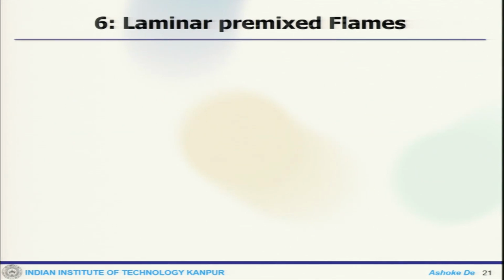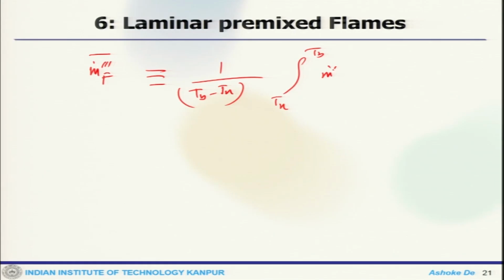Now, the average reaction rate can be defined, which is now over Tb minus Tu. So, we term that the average reaction rate.